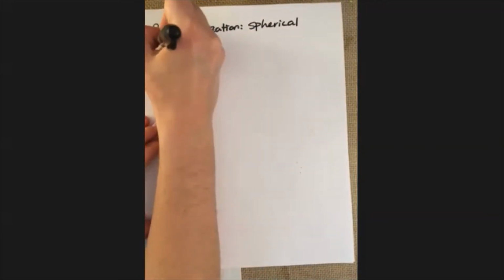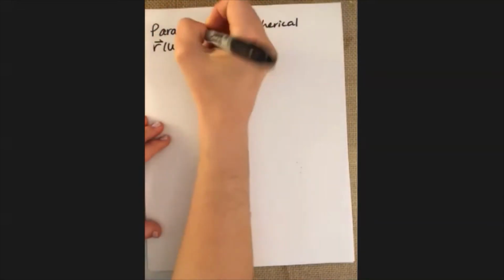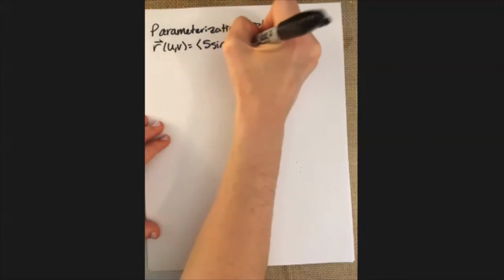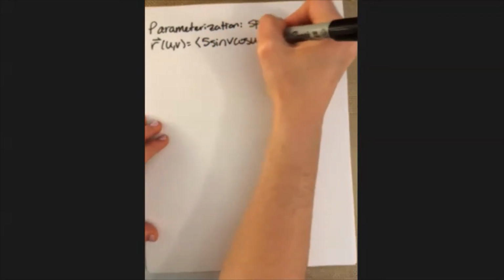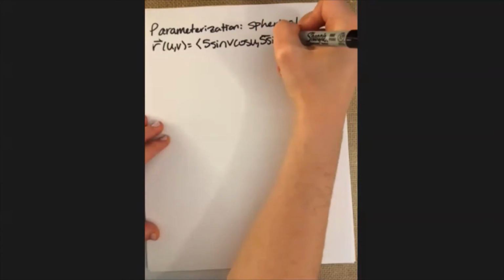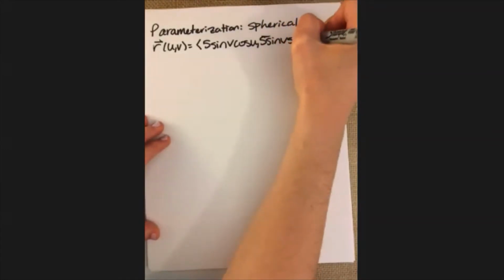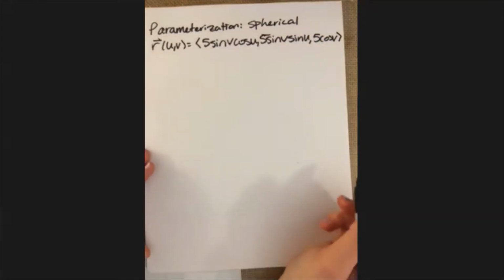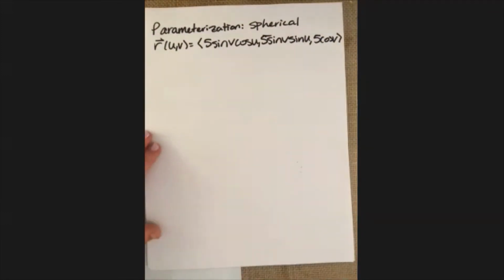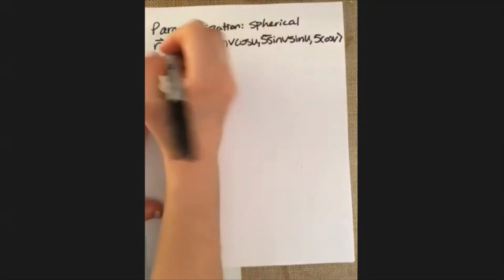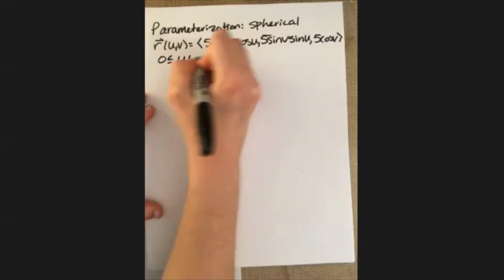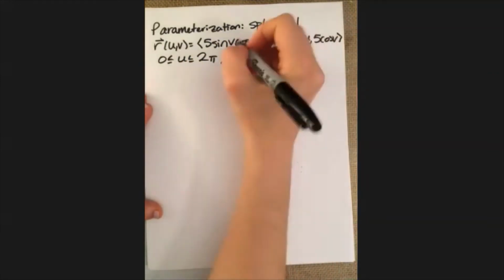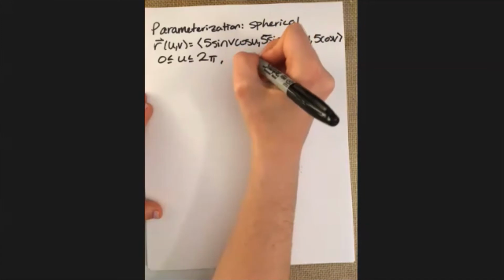So we have r of uv equal to 5 sine of v cosine of u, 5 sine of v sine of u, and then 5 cosine of v. And since we want to go all the way around on the xy plane, I know that u has to be between 0 and 2 pi, and v, because we want the upper half of our sphere, is between 0 and pi over 2.